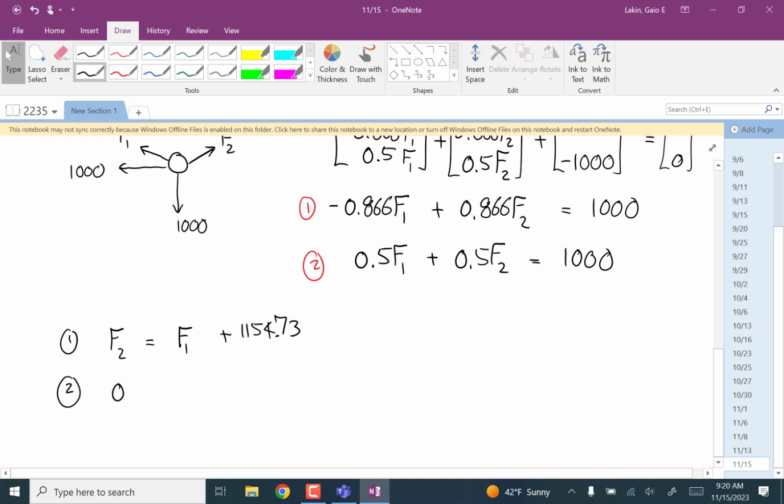Plug that into equation 2. We got 0.5 F1 plus 0.5 times the quantity F1 plus 1154.73 is equal to 1,000.